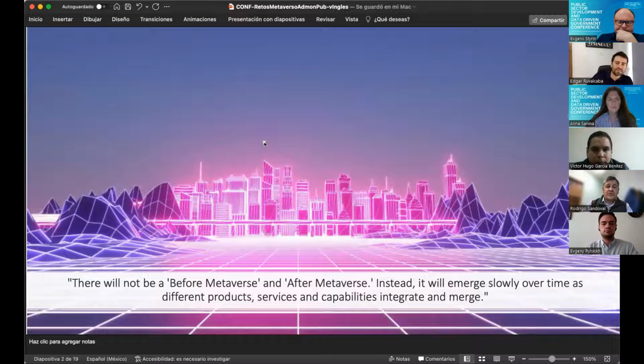I want to start with a phrase from an author: there will not be a before and after the metaverse. Instead, it will emerge slowly and show different products, services and capabilities that integrate and merge. I think that is true, because the metaverse becomes, in my opinion, an evolution of the internet.